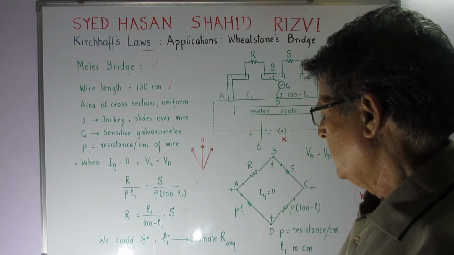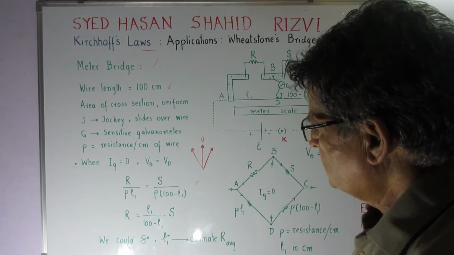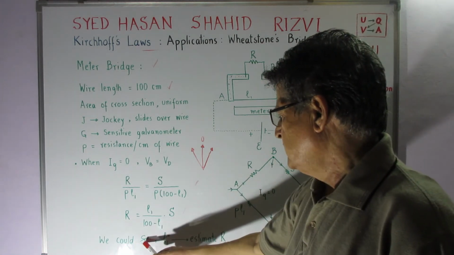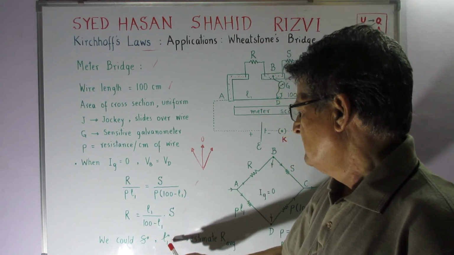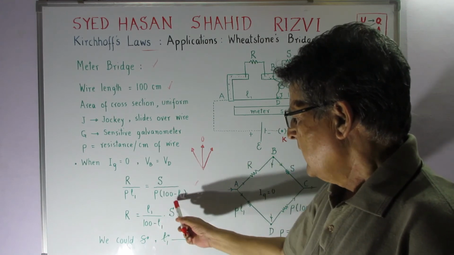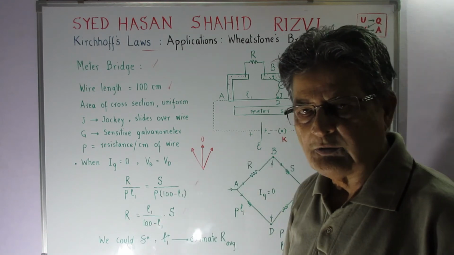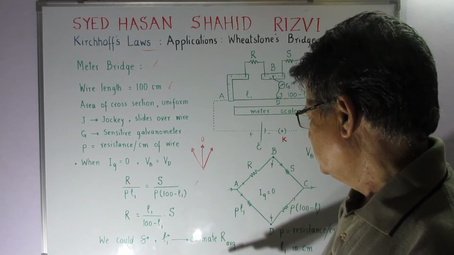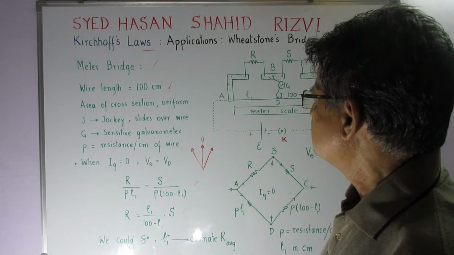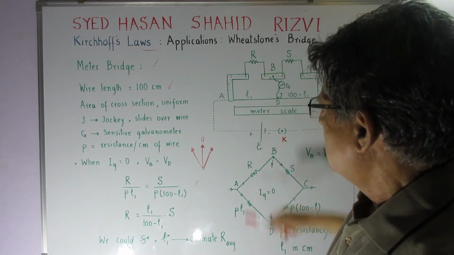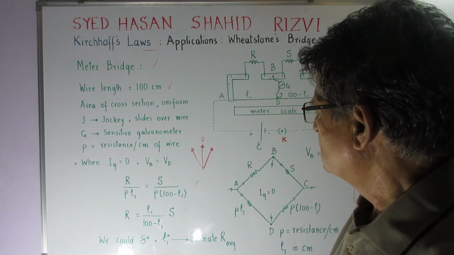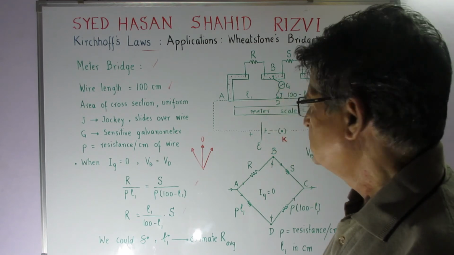Anyway, we could change the value of S, and the L1 values are also going to change. For a number of values of S we calculate the value of R, take their average, and that is the resistance in terms of the known resistance and the length at which balance has been obtained.